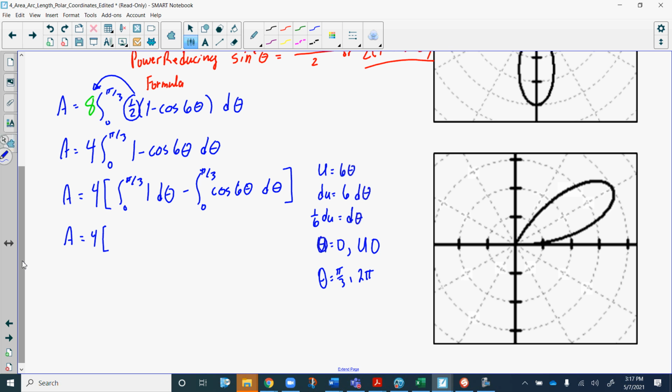I'm not going to do any anti-differentiation just yet. So I'm going to have just the definite integral from 0 to pi over 3 of 1 d theta. Now here, when I subtract the second integral, we did have a constant of 1/6 that got introduced. My upper and lower bounds don't get reversed, but they change to 0 to 2 pi of cosine of u du.